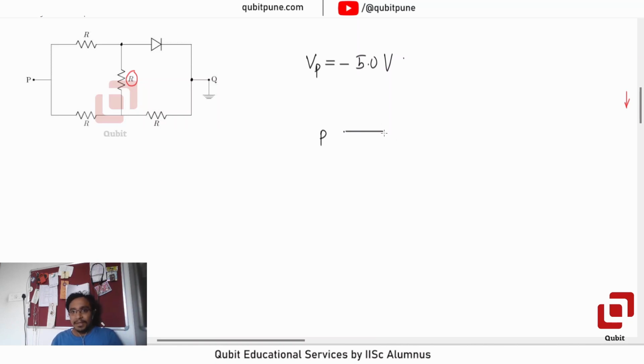Which means this R is now as good as an open circuit. Do you realize that? This R is there, but there is no connection now between this point and Q because of this resistance R.